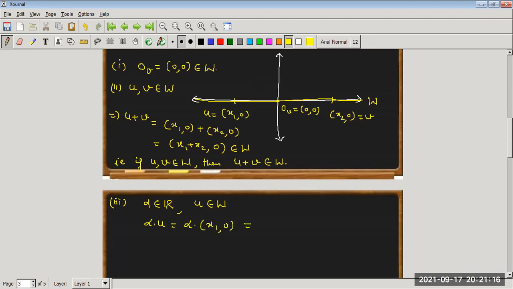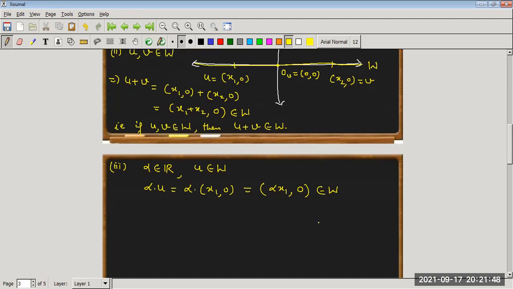So we know how to do scalar multiplication with a vector, that is, it is (alpha x1, alpha dot 0), and alpha dot 0 is 0, and this belongs to W, because the second entry is 0 and the first entry is any real number. Alpha x1 is a real number because alpha is a real number, x1 is a real number, and the product of two real numbers is again a real number. So this belongs to W.